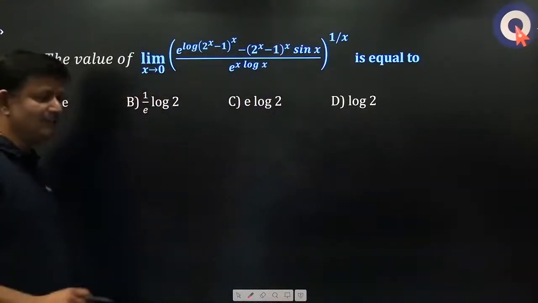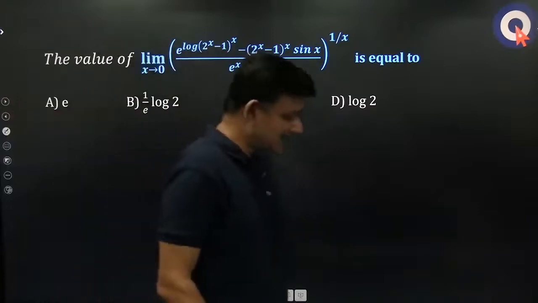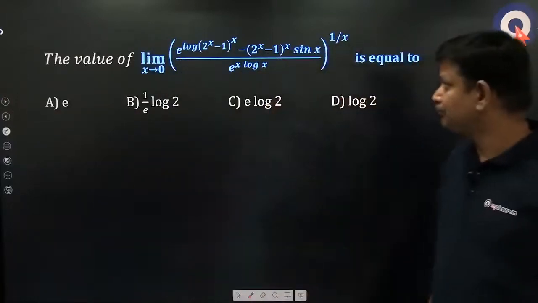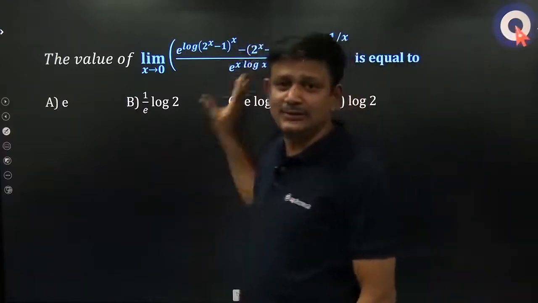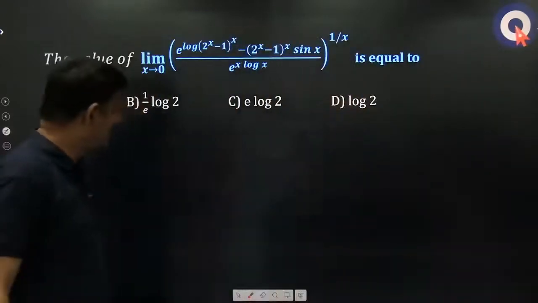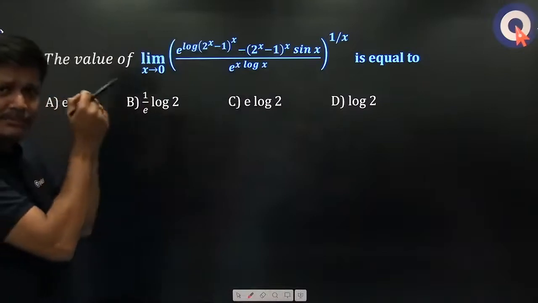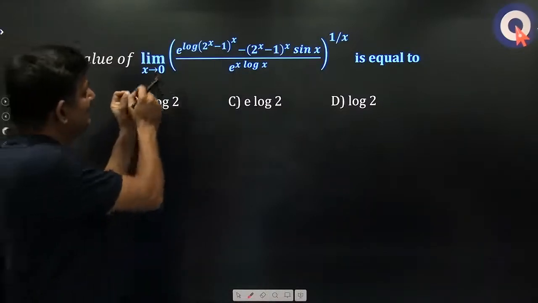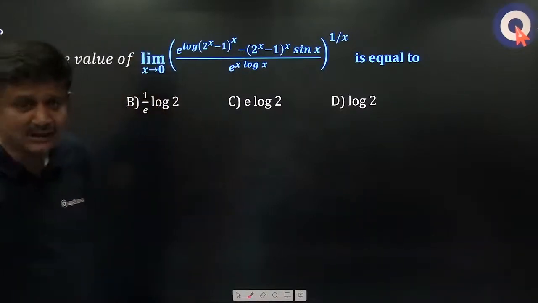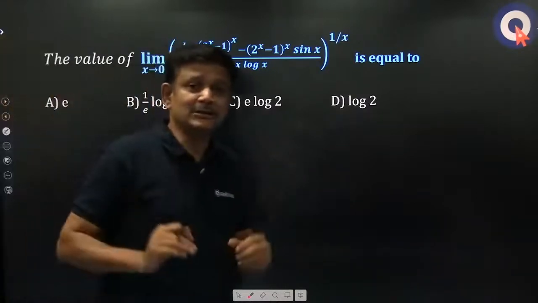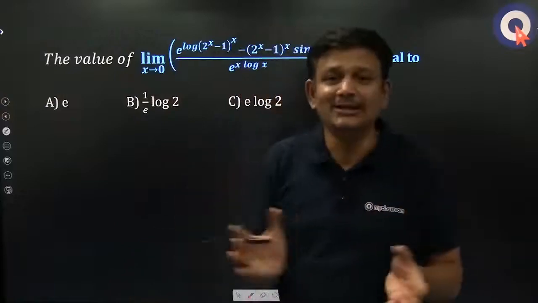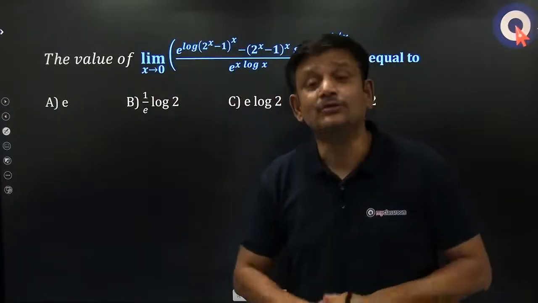Then another variety of questions which come to you in limits are the ones which look very complicated. But if you try to focus on some element in the question, you will see there is a lot of simplification possible. The paper setter will just try to threaten you by making the question look difficult.